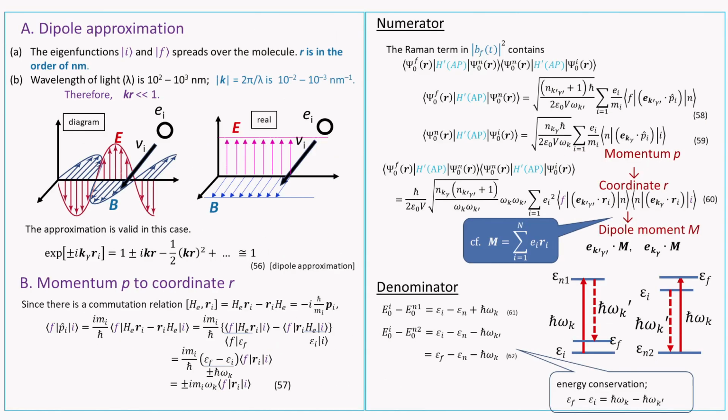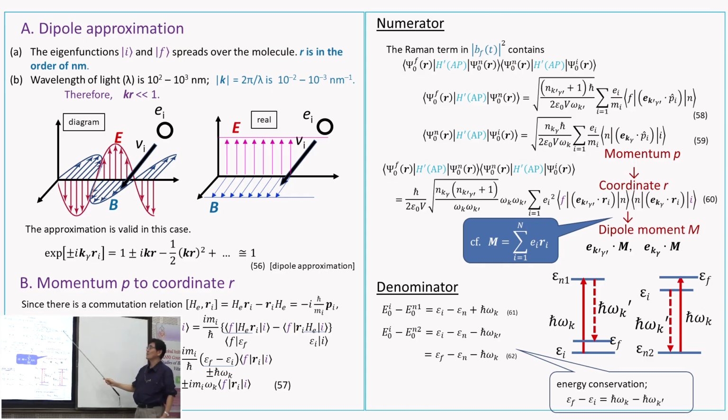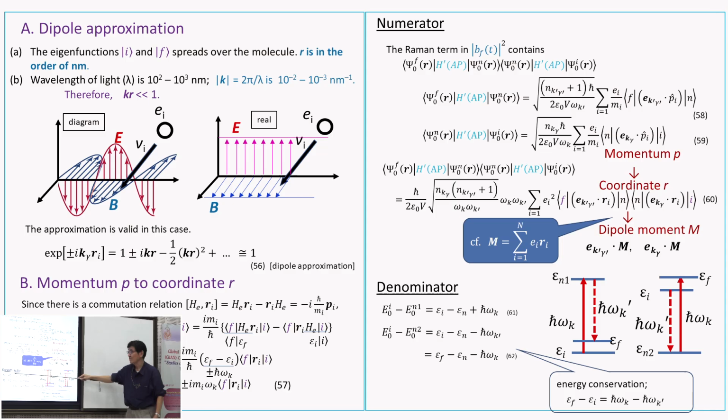About the numerator, we can replace the momentum operator with the coordinate r, and the coordinate r is written in terms of the dipole moment m. On the other hand, the denominator can be written in this way.